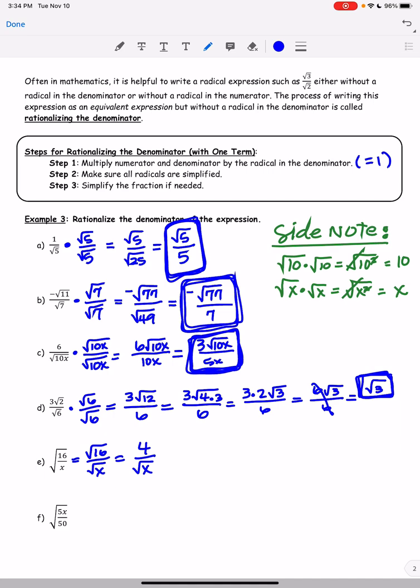Because I have a radical in the bottom, we need to rationalize. So we're going to multiply by square root x over square root x. And the top, one's outside the radical, one's inside, so that just becomes 4 square root x. And then square root x times square root x equals x.